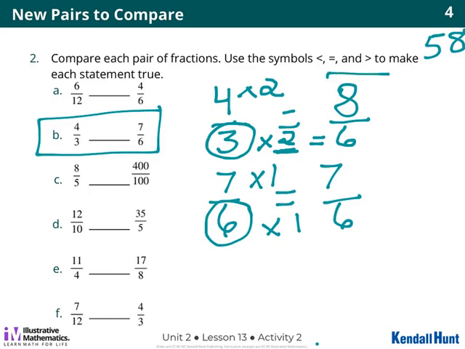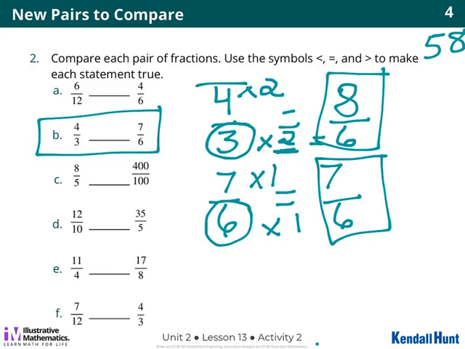Okay, now we're comparing 8/6 to 7/6. Which one is greater? Isla? 8/6. So 8/6 is the same as 4/3, right? So then I come to my original problem and I'm going to draw my alligator mouth pointing towards 4/3 because that is our greater fraction.